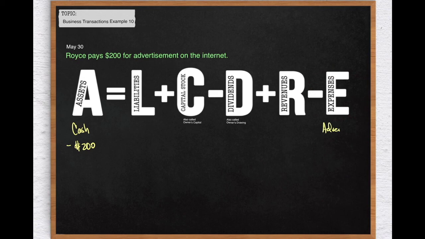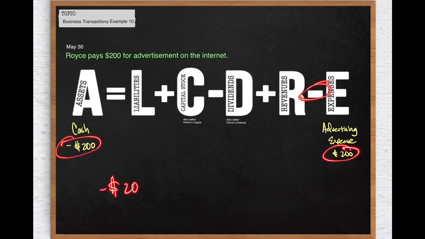Advertisement is another cost, a normal cost of business. So this is going to be called advertising expense. And the amount for that is $200. And because expense has a negative in front of it, the $200 also becomes negative. So negative 200 on the left side equals a negative $200 on the right side.